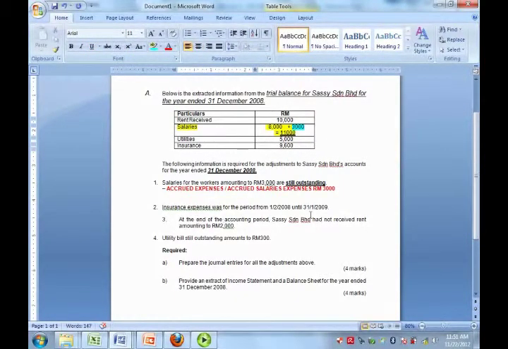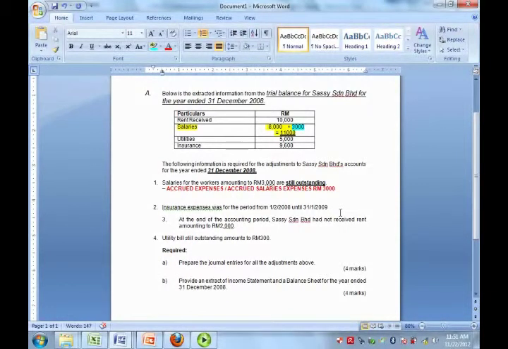Next, insurance. Second information, insurance expenses was for the period from 1st February 2008 until 31st January 2009. How long is that, class? 1 year. However, you must close your account. You want to do the income statement for the year ended?